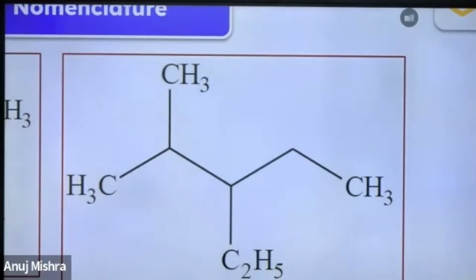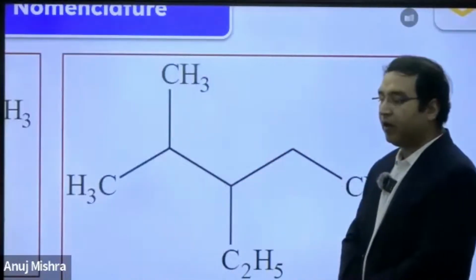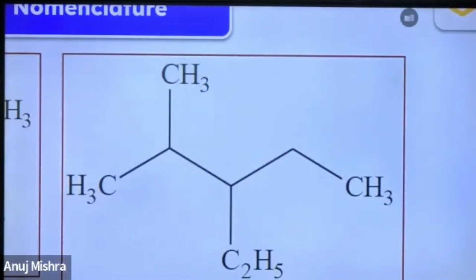You can tell. So it's 2-ethyl 4-methyl pentane. 3-ethyl 4-methyl pentane. Others? 3-isopropyl pentane?